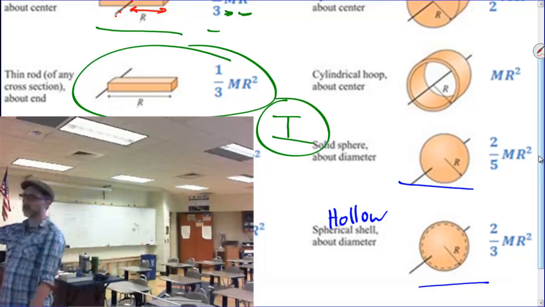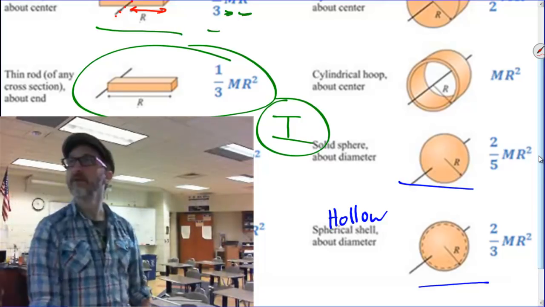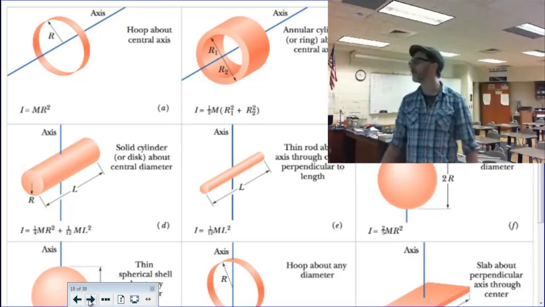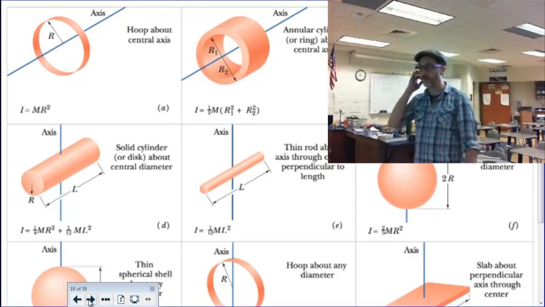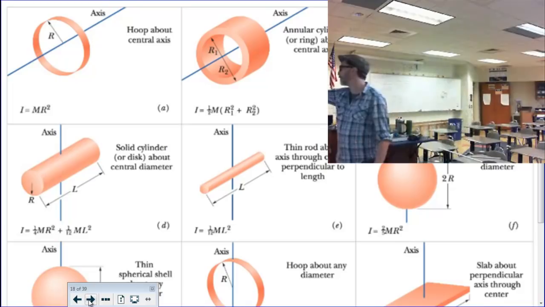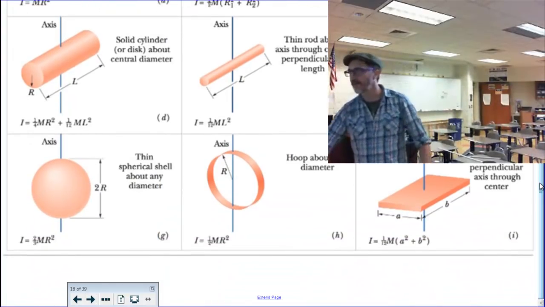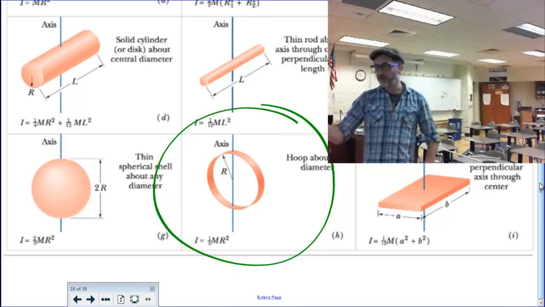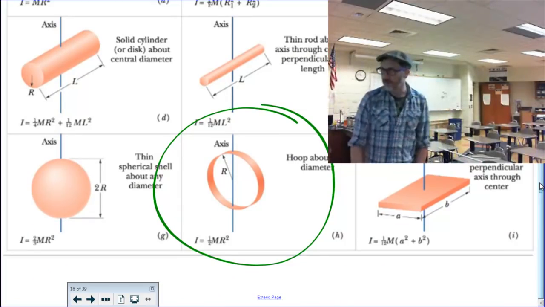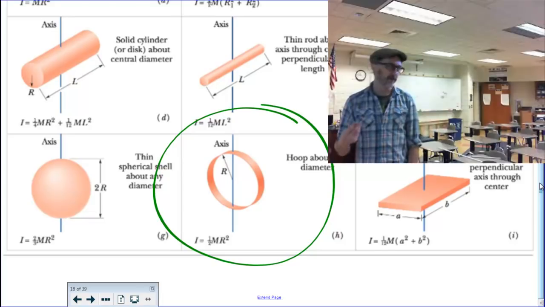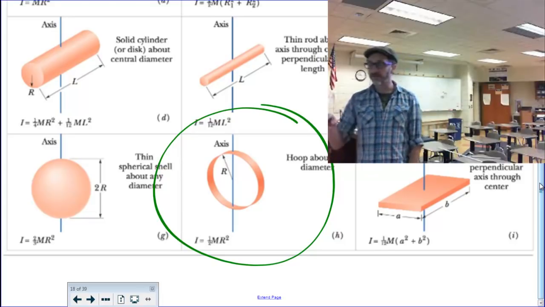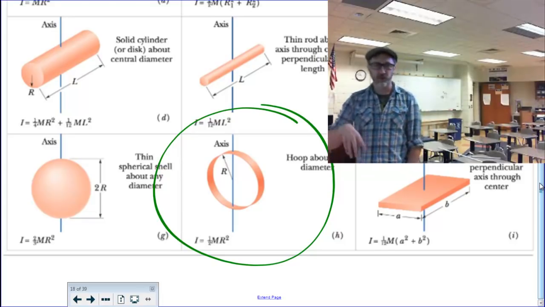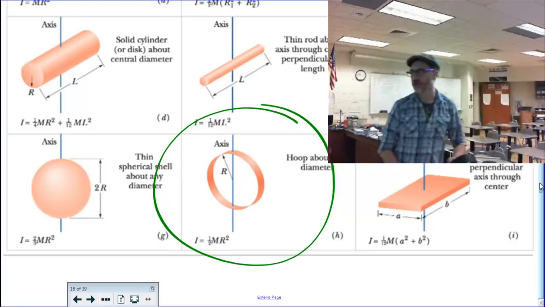Now there is another screen of these. So there are some other ones. Honestly, I don't use this page as often. The main reason I included it is because of this one, which does come up occasionally. I like this one because it illustrates that the rotational inertia depends not just on the mass, the radius, and the shape, but also the axis of rotation.